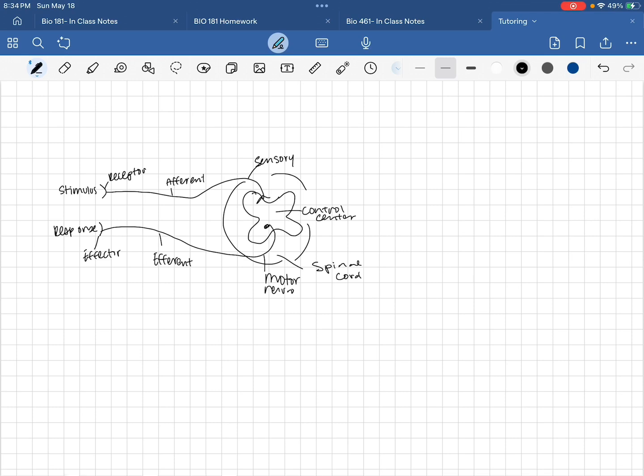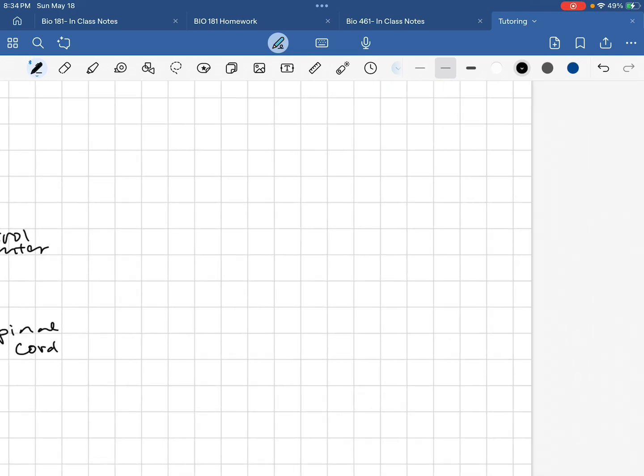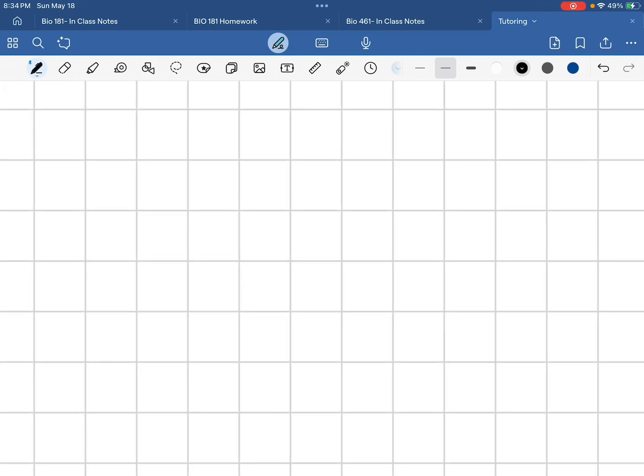I feel like that's all I really need to explain for the part where it says to describe and explain the function, and then compare and contrast the sensory receptors, muscle spindles, and the Golgi tendon. So receptors, we have a number of receptors. Let's start with that. What is a receptor? It's something that detects a change in stimulus, and then it'll react.